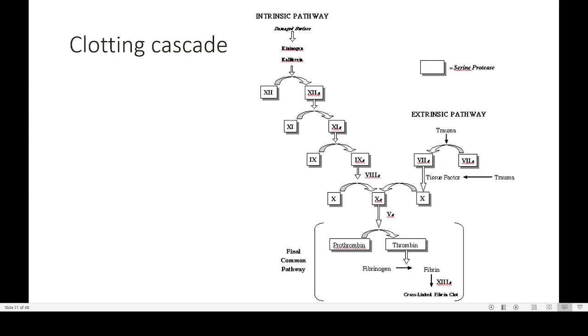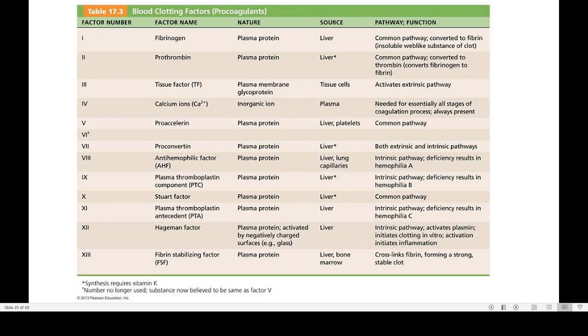Then that active 12th factor will be acting on the 11th factor. Which one is the 11th factor? That is plasma thromboplastin antecedent. The 12th factor is actually the Hageman factor. I got it wrong. So the 12th factor is the Hageman factor.